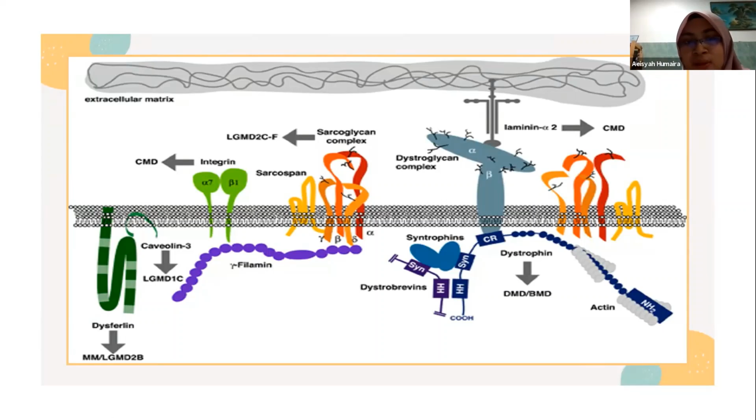And as you can see here, there are also other proteins that cause other muscular dystrophies. So other gene mutations responsible for other muscular dystrophies also involve the protein complex with the dystrophin protein, so they can cause many of the same symptoms as dystrophinopathies.